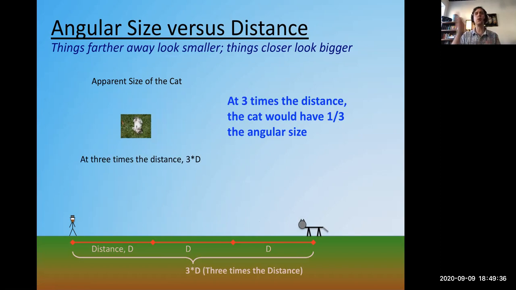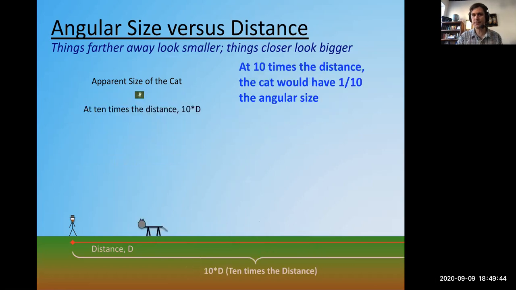Triple the distance, 1/3 the size. Anybody want to take a guess what's going to happen when we go to, say, 5 or 10 times the distance? So at 10 times the distance, if we were to take this cat and throw it off screen, the cat would appear 1/10 the size. 100 times the distance, it would be 1/100th the size.